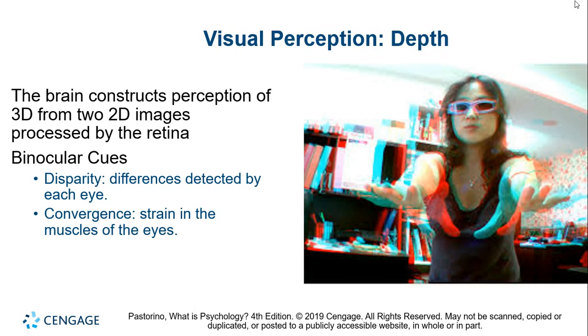And your right eye can only see the blue and the actual image. And so 2 separate images are being sent to the brain. And your brain goes, oh, that must mean that there's a difference in what my left eye is seeing and my right eye is seeing. And so therefore there must be depth.